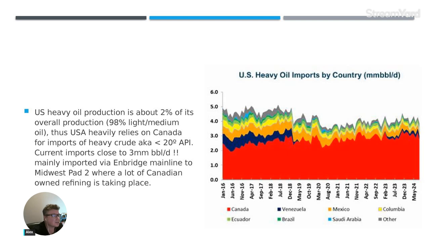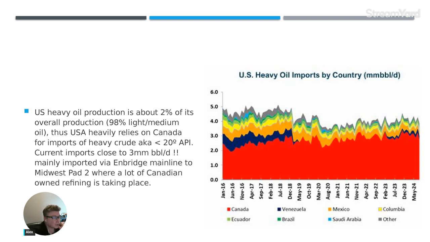Only about 2% of the oil produced is heavy in the United States, and 98% is light or medium. Heavy is on the API scale, and maybe next lecture we can learn about that, less than 20. So that's heavy oil: API scale, less than 20.